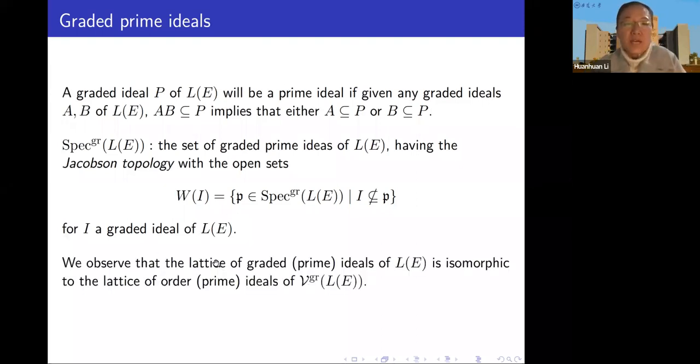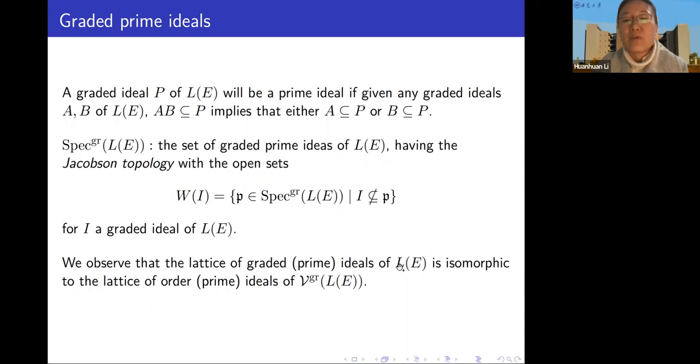Actually, we observe that the lattice of graded prime two-sided ideals for Leavitt path algebras is isomorphic to the lattice of prime elements in the monoid part. We call these the order prime ideals for this lattice.